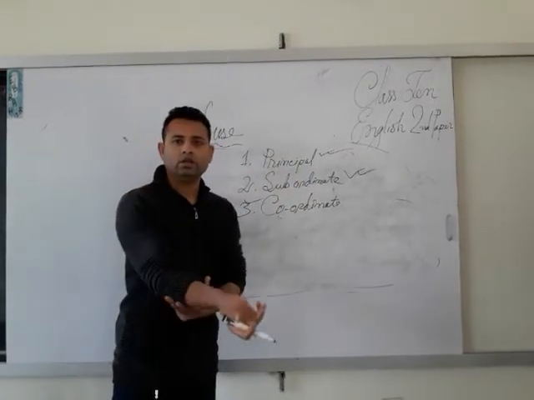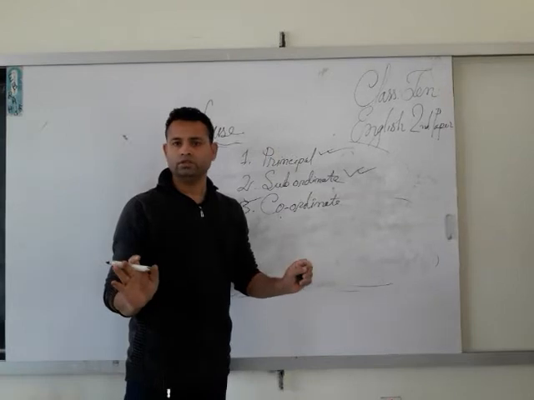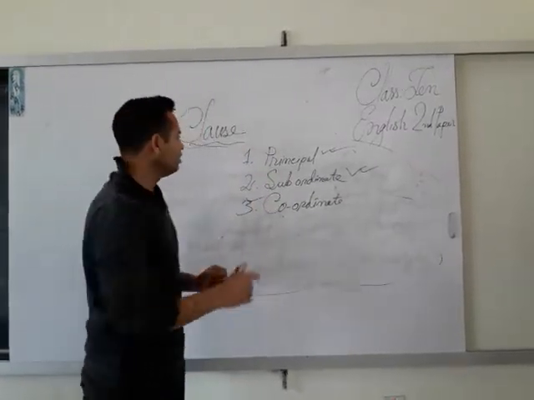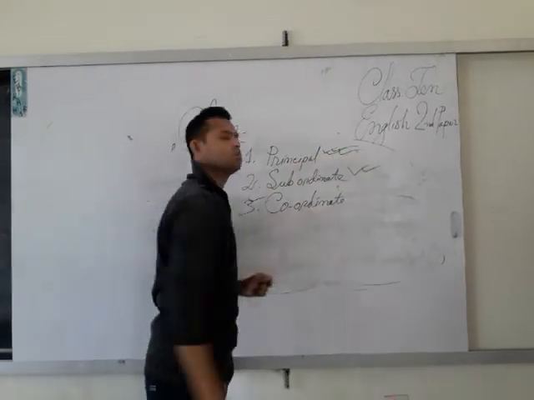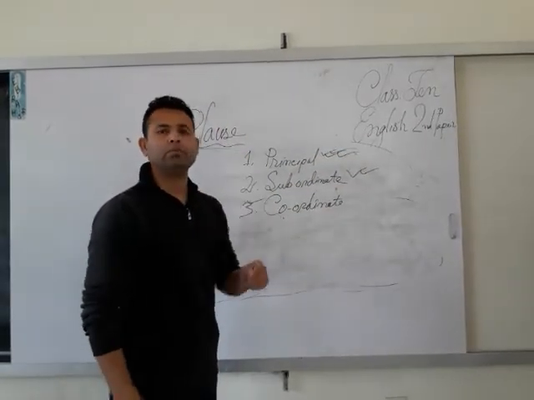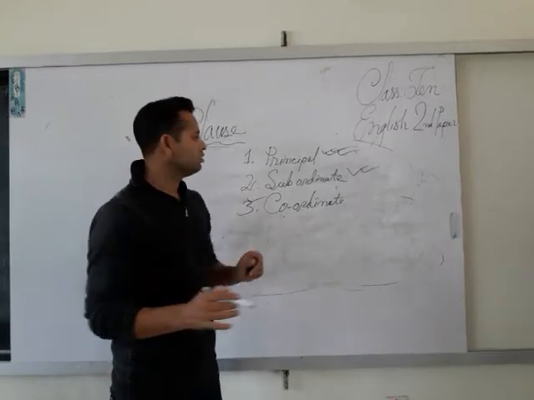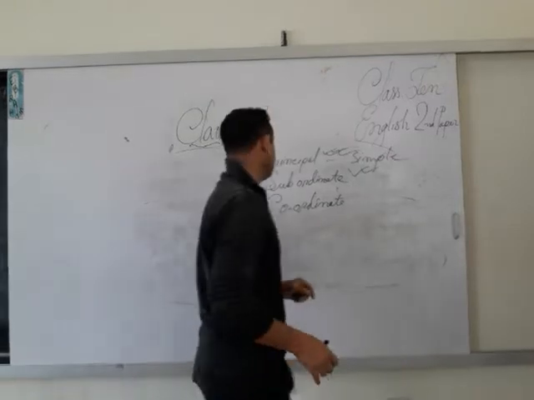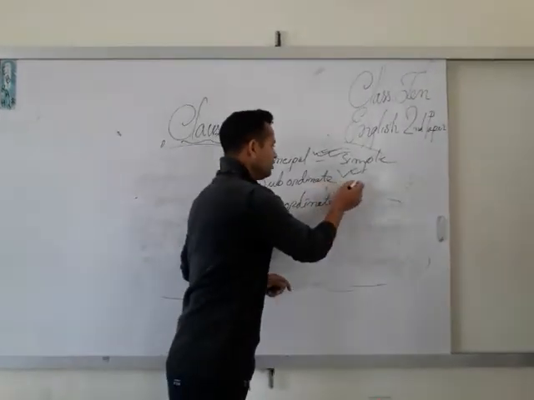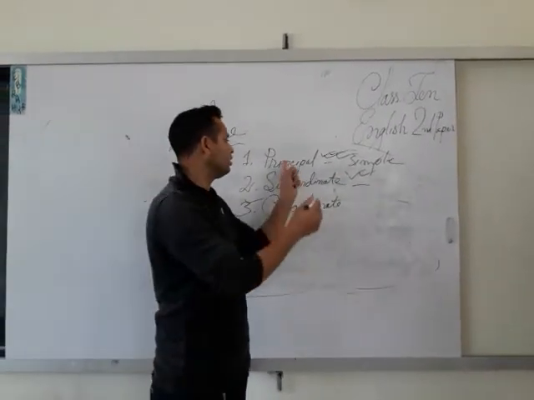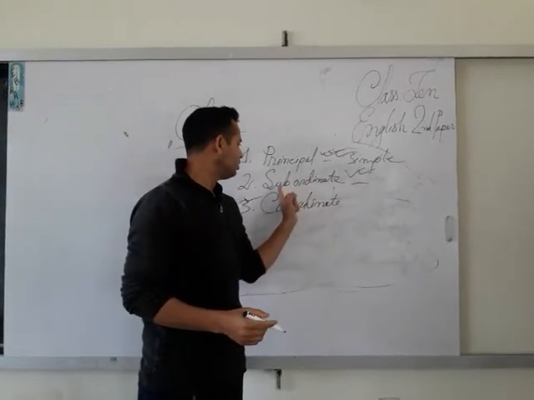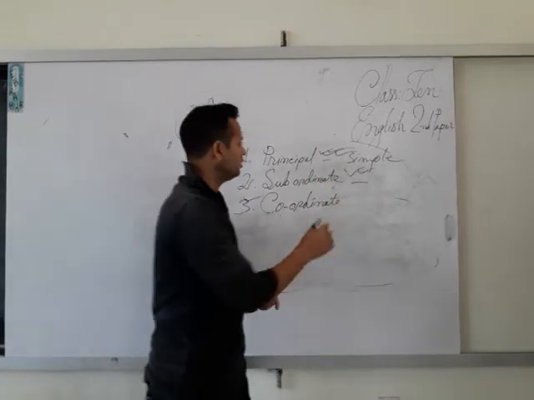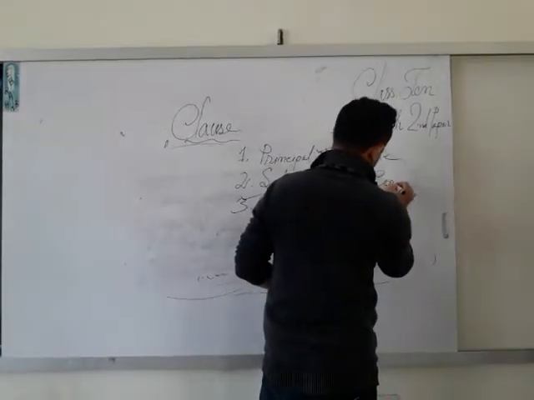If I ask what is a simple sentence, the answer is very easy. A sentence that has a principal clause, that means one subject and a finite verb, is called a simple sentence. A sentence that has one principal clause and one or more subordinate clauses is called complex.